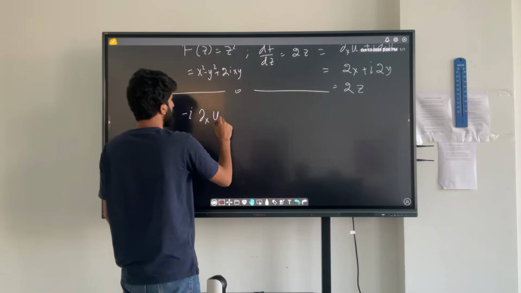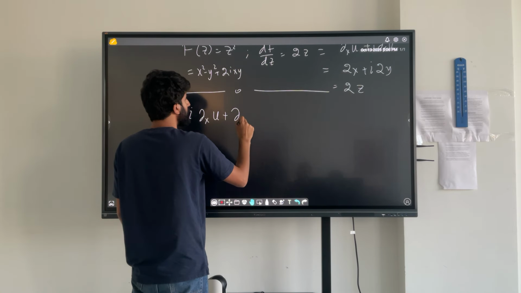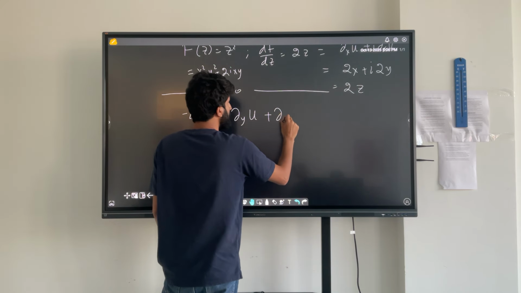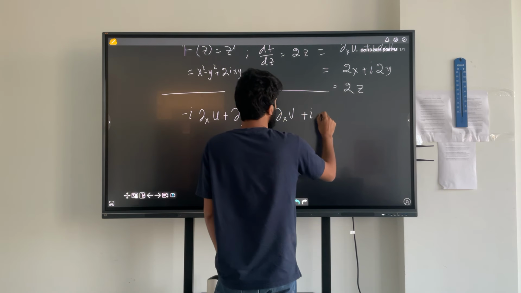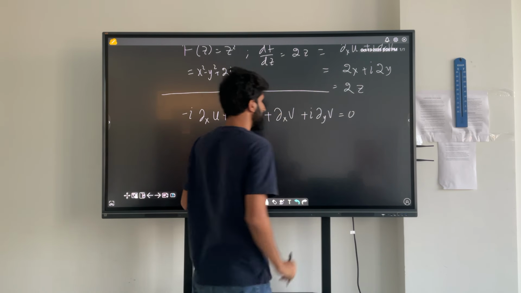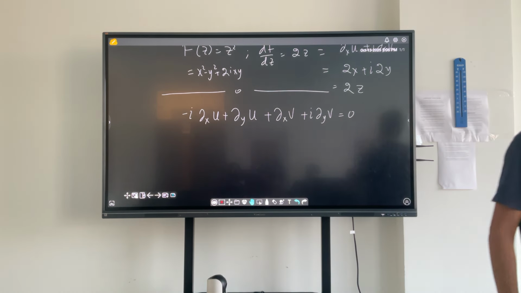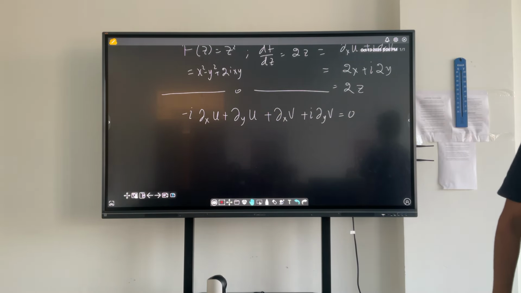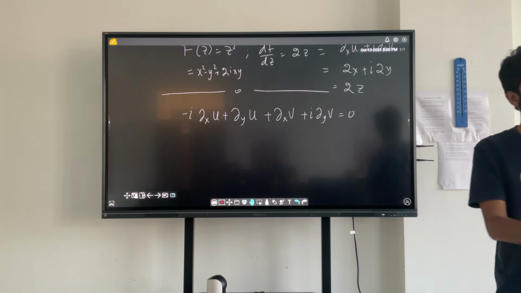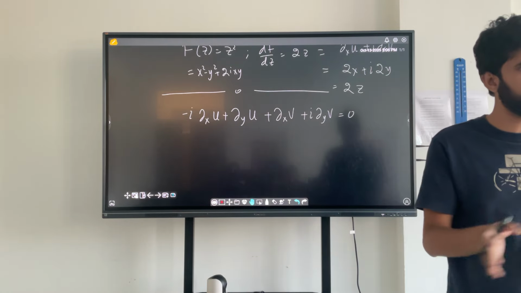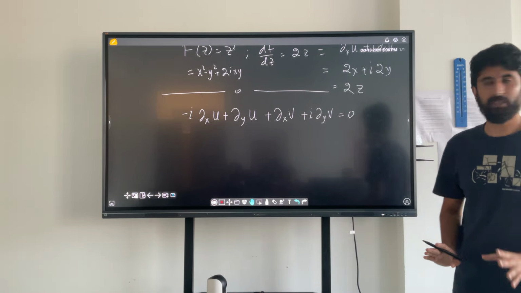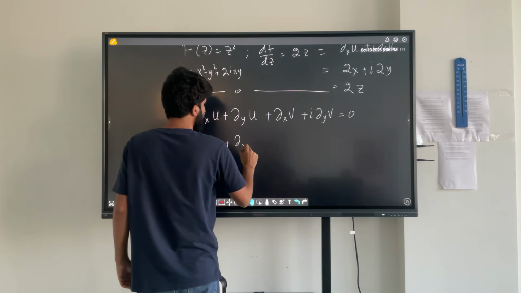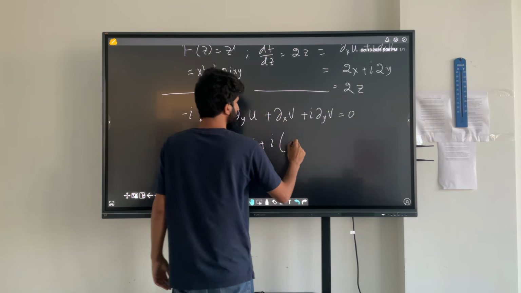So we get partial x of u plus i partial x of v plus i partial y of u minus partial y of v equal to 0. What is this? A complex equation. Every complex equation is equal to two real ones. So I have to calculate the real part and the imaginary part and then equate them separately to 0.